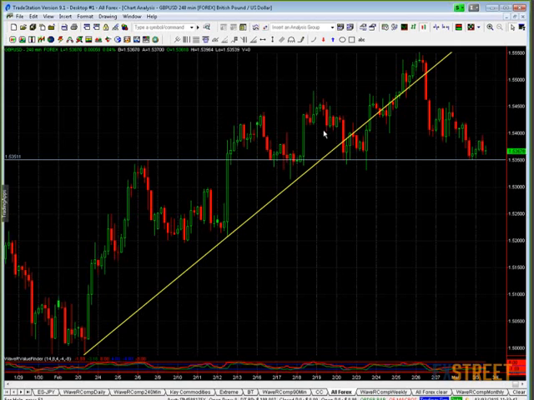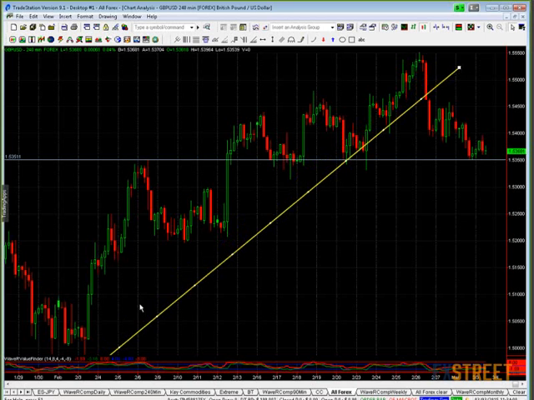We've then got this further occasion up here when it was in profit. And lo and behold, it comes back down to our entry level, having pushed through that trend line, but then it bounces on up again. So what's happened to the trend? Well, the trend has actually altered somewhat, and it's moved.